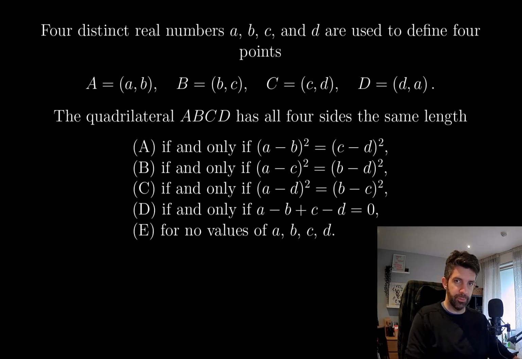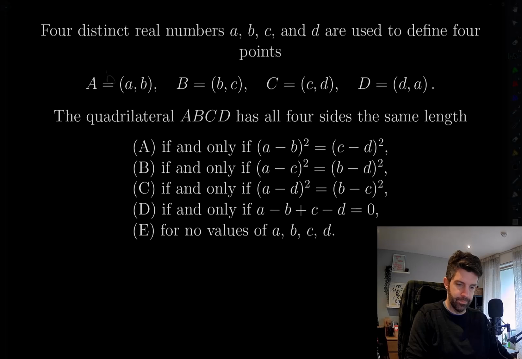Okay, so the distance between B and A squared is (B minus A) squared plus (C minus B) squared.